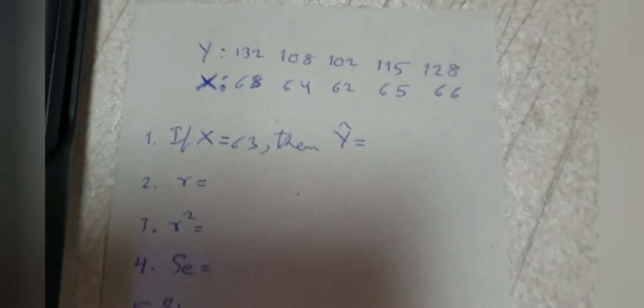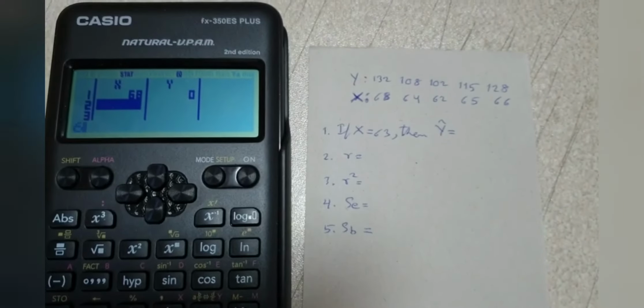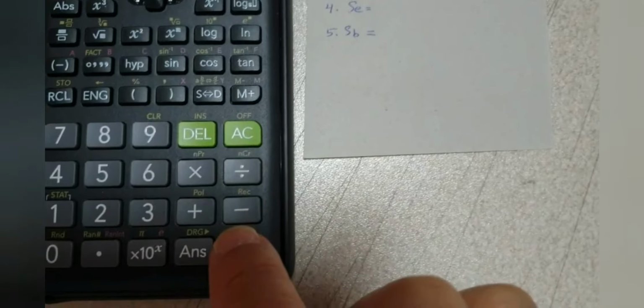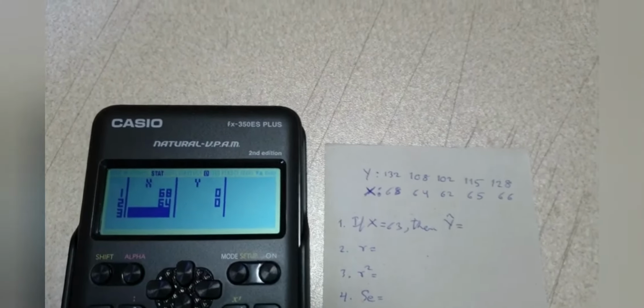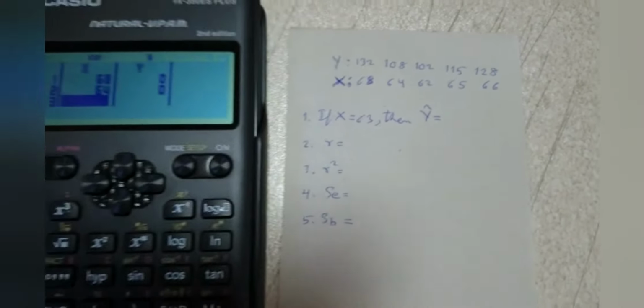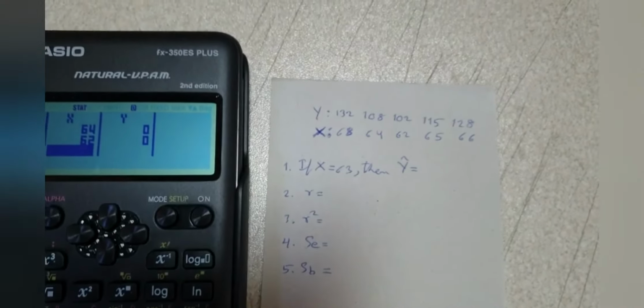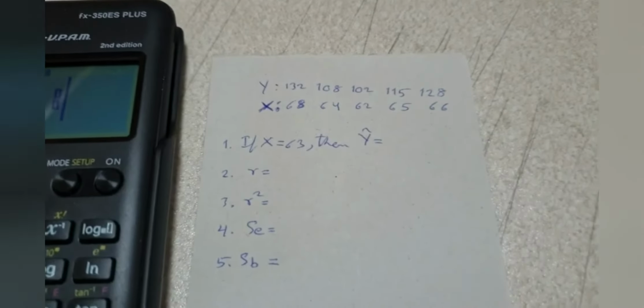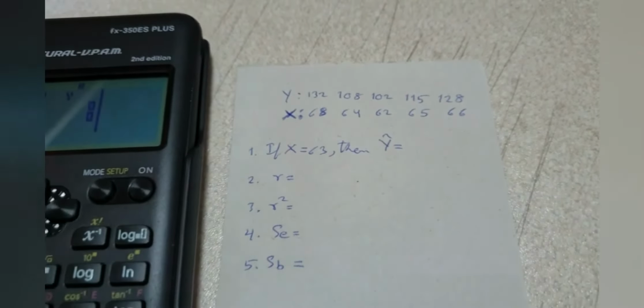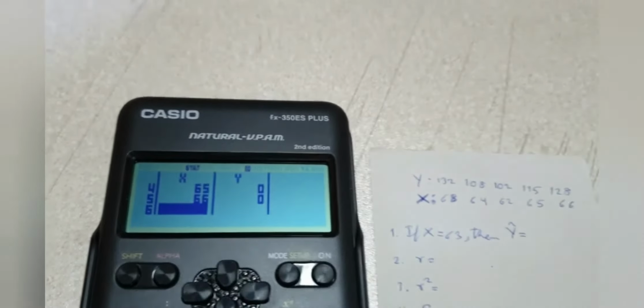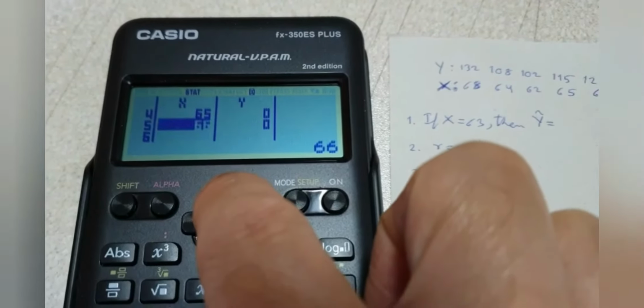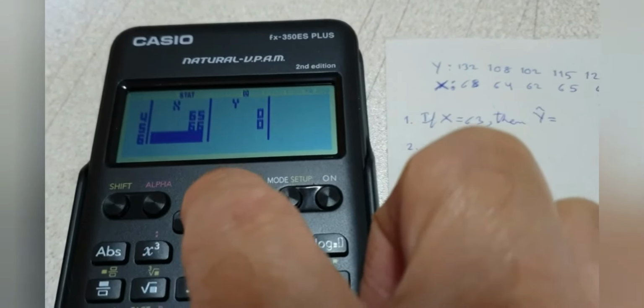X2 is 64 equal to, X3 is 62 equal to, X4 is 65 equal to, X5 is 66 equal to. Now 5 x values are entered.